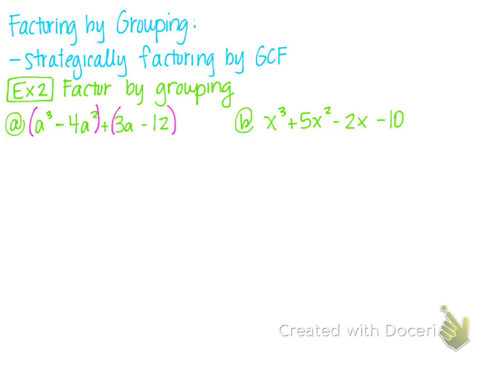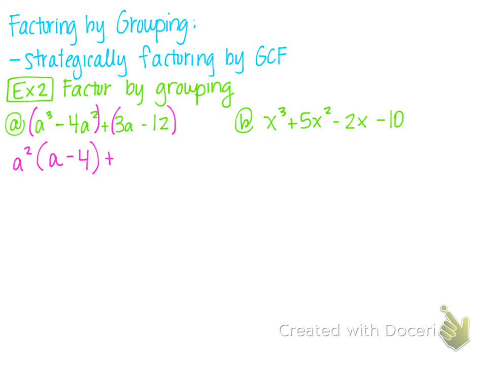So let's look at the first parentheses. We have a cubed and 4a squared. The GCF for these two is a squared. And what we have left, a cubed divided by a squared is a, and negative 4a squared divided by a squared is negative 4. Okay, so we're good to go on that one.